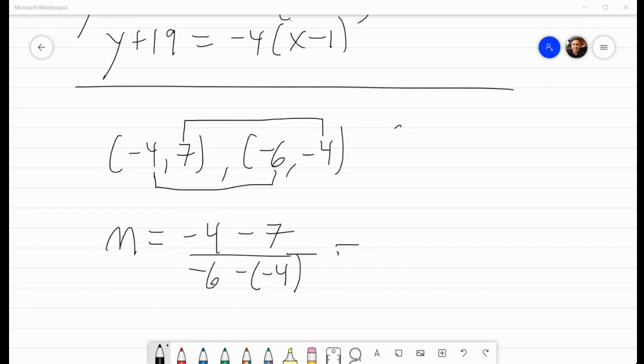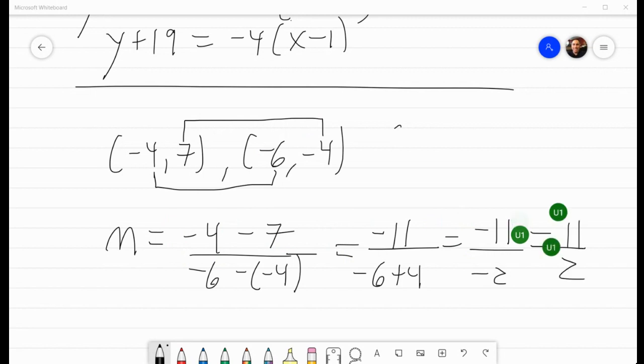You can see that minus 4 and minus 6 are on top of each other, and they come from the same point. So on top, we get minus 11. On the bottom, we have minus 6 plus 4, which is minus 2. Minus 11 over minus 2 is the same thing as 11 over 2.